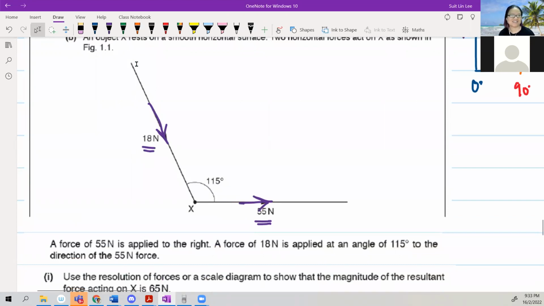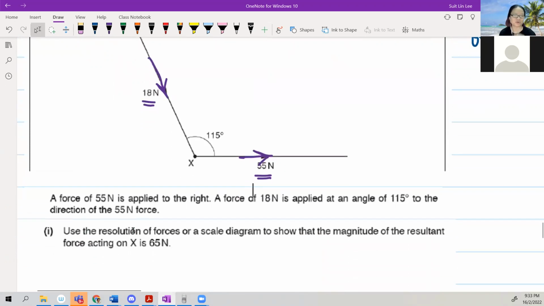Because 55 cannot be this long if 18 is this long. They look about the same length, so cannot. All right, so use the resolution of forces or a scale diagram to show the magnitude of the resultant force acting on X is 65 Newton. So basically, I need to sum up this 18 and 55.